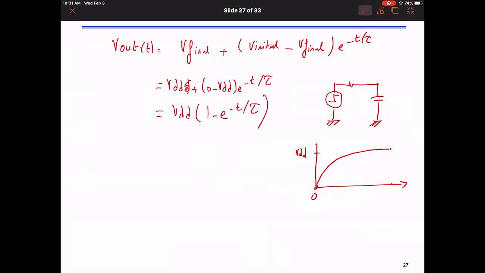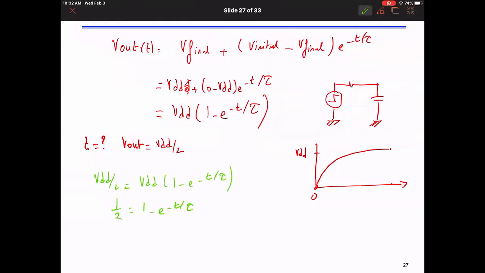Now, if I tell you to find the time t, if it started at 0, at which V out is equal to VDD over 2, what do you do? We replace V out by VDD over 2 in this equation. So VDD over 2 is equal to VDD into 1 minus e to the minus t over tau, and this becomes half is equal to 1 minus e to the minus t over tau.